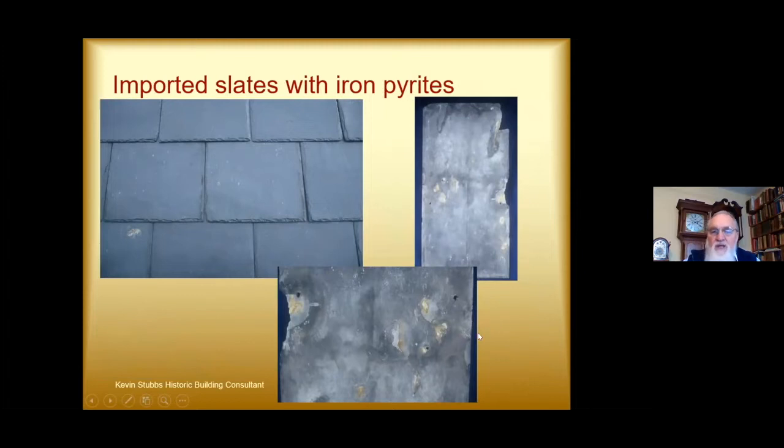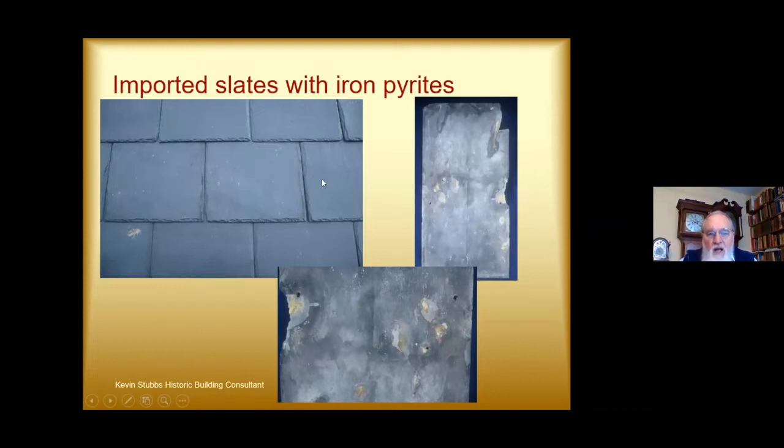A lot of the Spanish and southern French slate coming in after the Second World War had a high percentage of iron pyrites occurring naturally within the strata. And the problem is that with acid rain, the iron pyrites starts to dissolve, and after 25 years, instead of a slate, you've got a colander with holes right the way through.